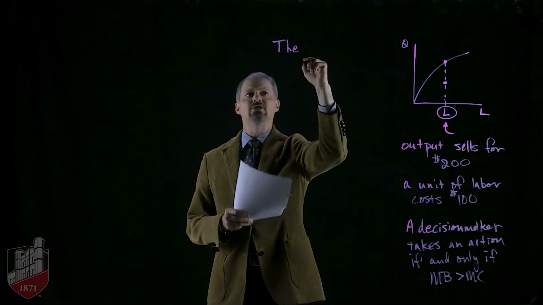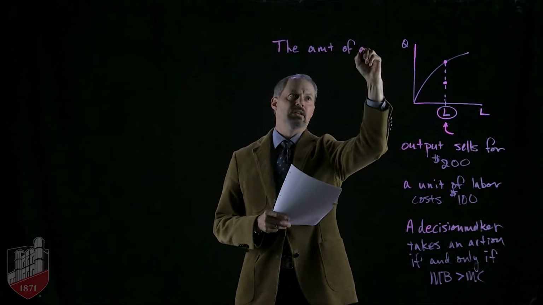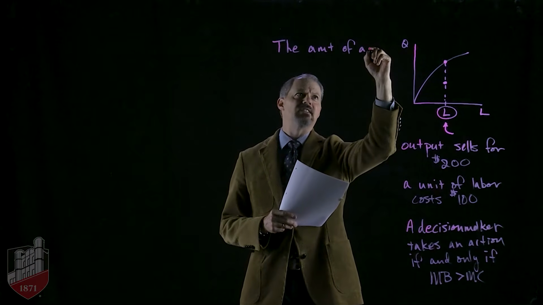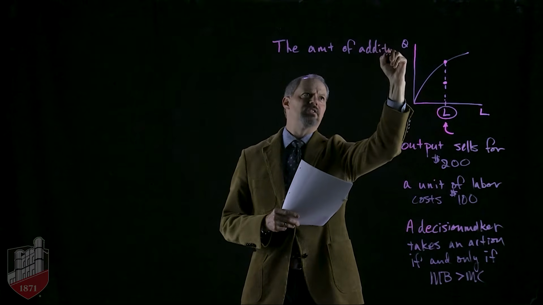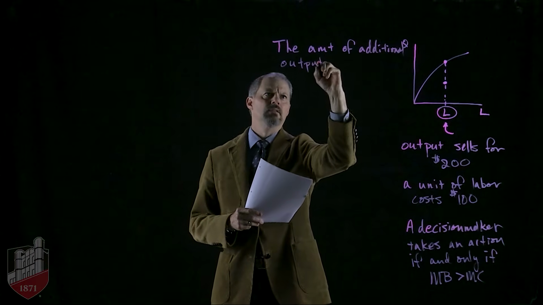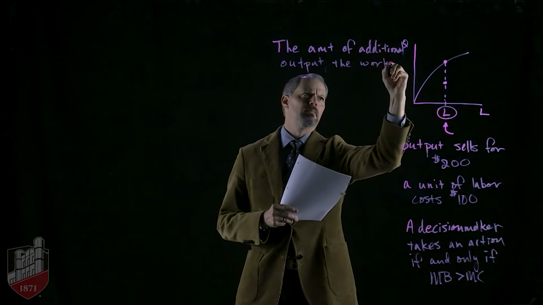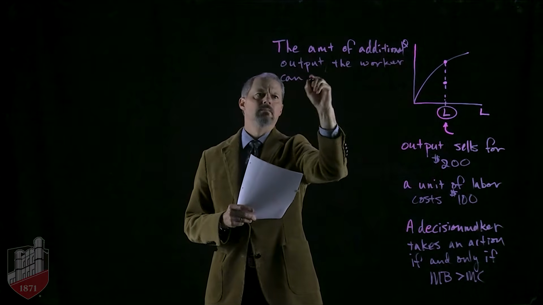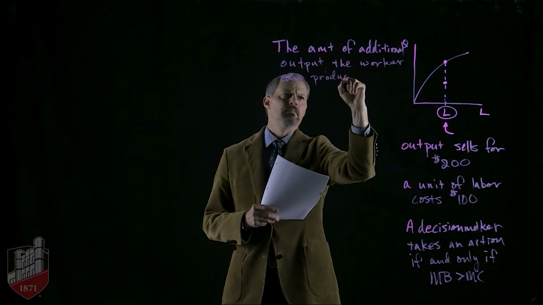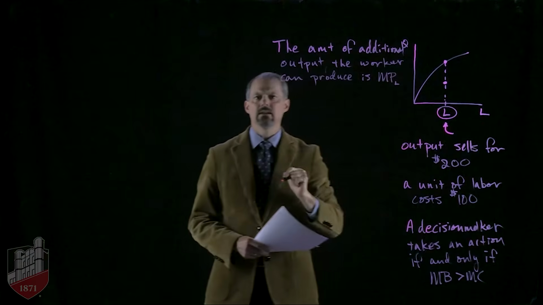So the amount of additional output that the worker can produce is the marginal product. We just defined that. The amount of additional output the worker can produce is the marginal product of labor, right?